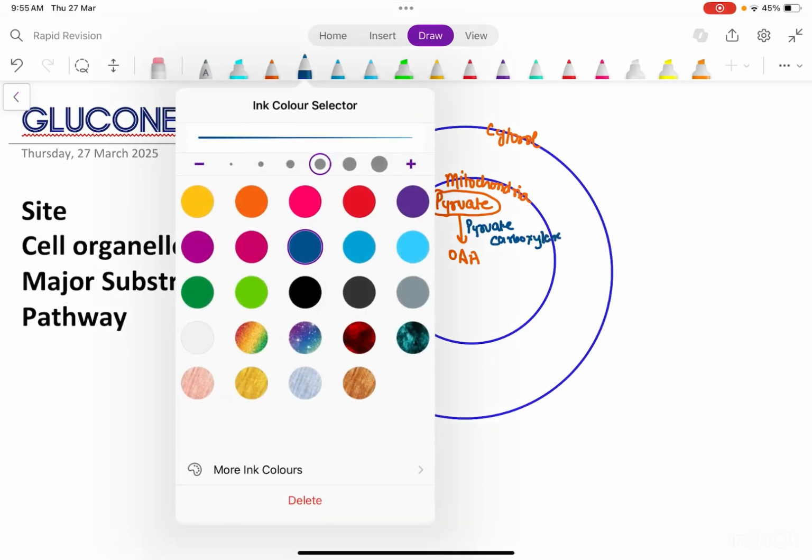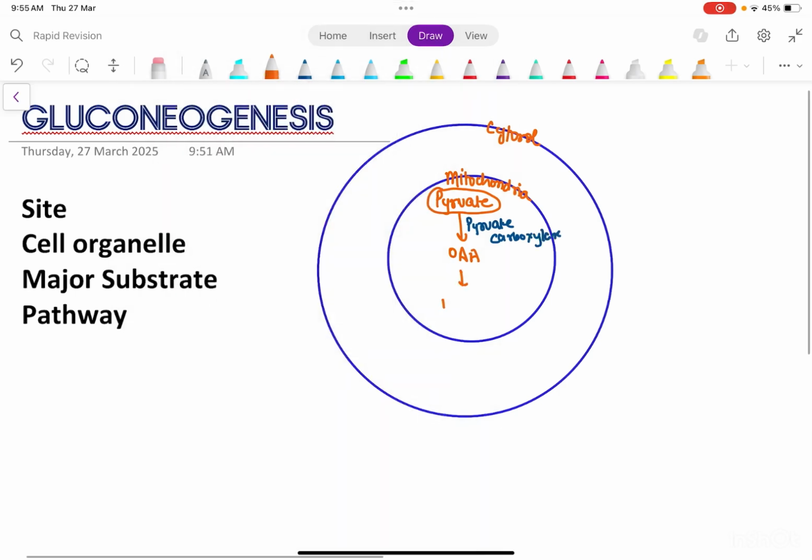Then we convert the oxaloacetate into malate. Now this malate is able to cross and go out of the mitochondria. So here we have malate and then we have oxaloacetate. So this is through an enzyme called malate dehydrogenase.